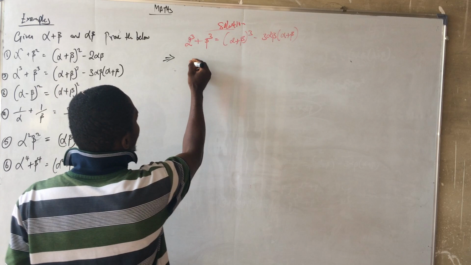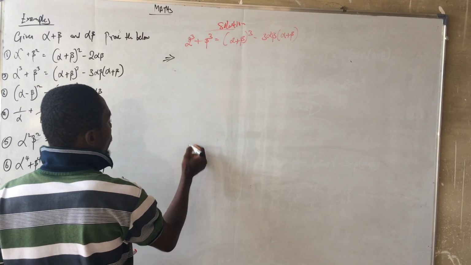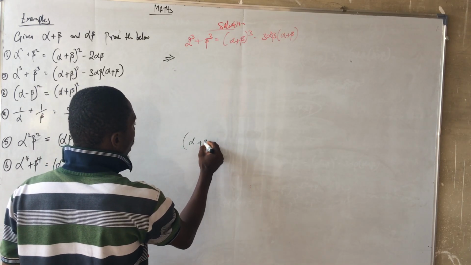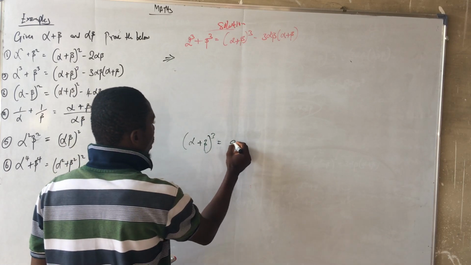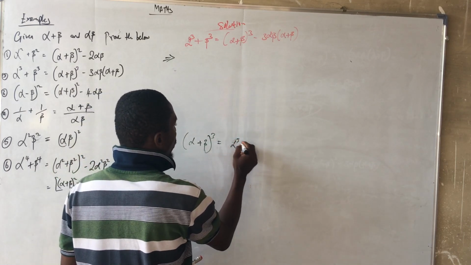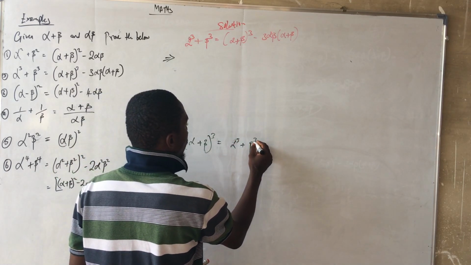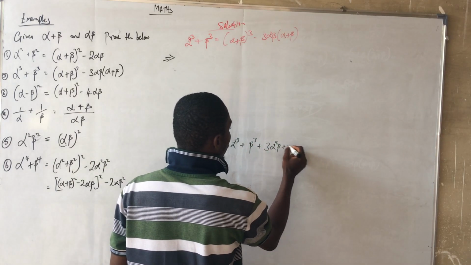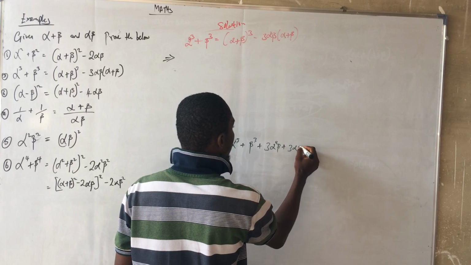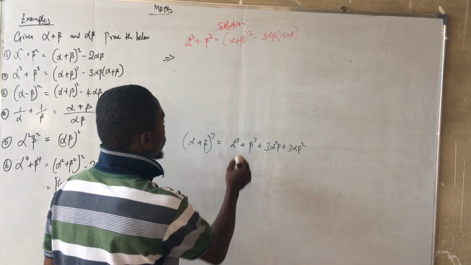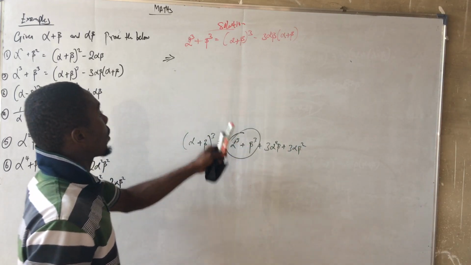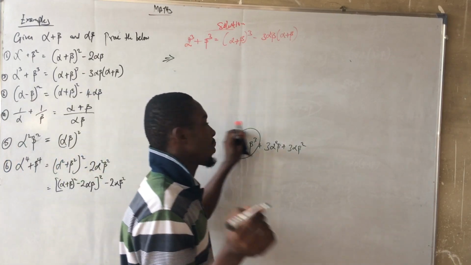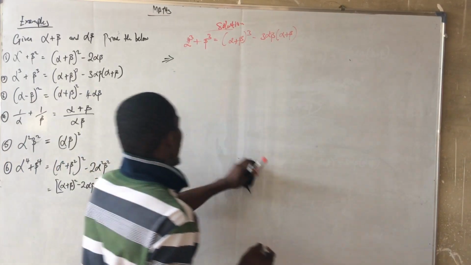So now I remember that alpha plus beta all cube is going to give me alpha raised to power 3 plus beta raised to power 3 plus 3 alpha square beta plus 3 alpha beta square. So this is what I'm going to use, because now I have what I'm looking for. I'm going to manipulate the rest to give me what I want.